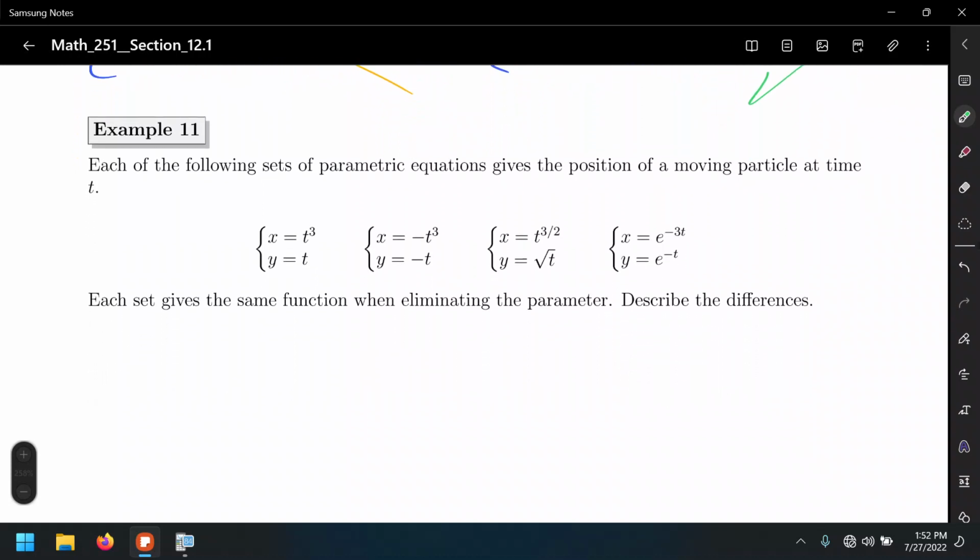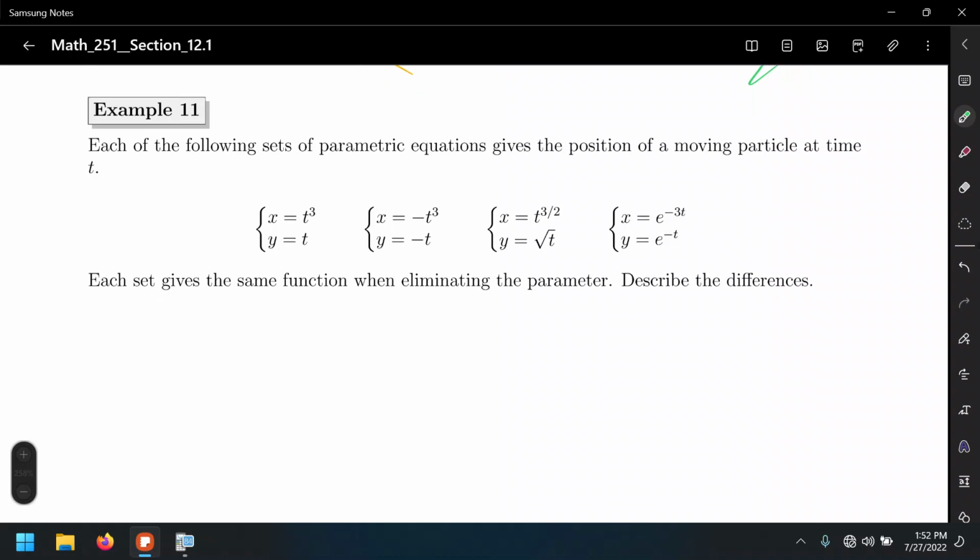The thing here is that each set gives the same function when eliminating the parameter. But we are going to describe the differences here, which is what I was talking about before, that depending on how we describe these parametric equations for the same function, you know, it's going to depend on the purpose, of course.